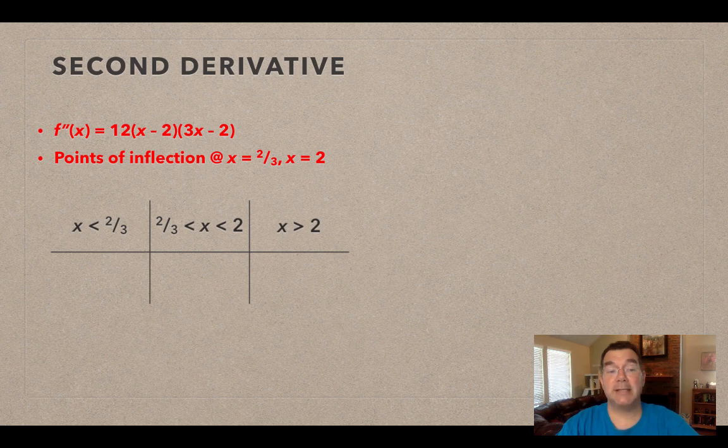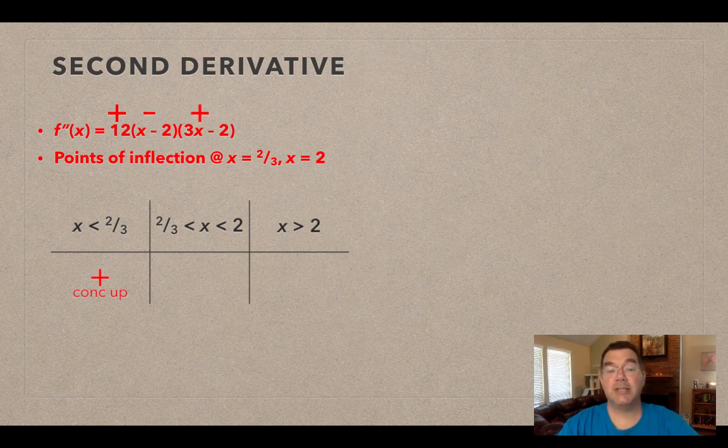Picking some x that is less than 2/3, well, 12 will always be positive. But that number minus 2 will be negative, and 3 times that number minus 2 will also be negative. So the entire second derivative is positive, meaning that the function is concave up everywhere where x is less than 2/3. Then if I pick a number between 2/3 and 2, do the same thing again.